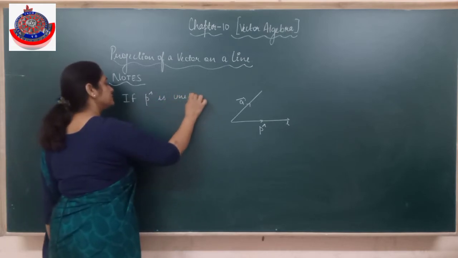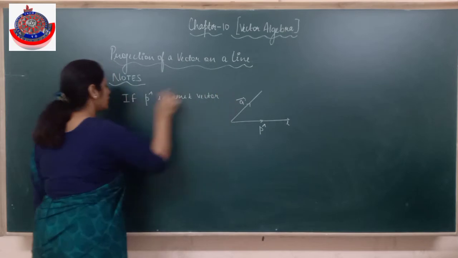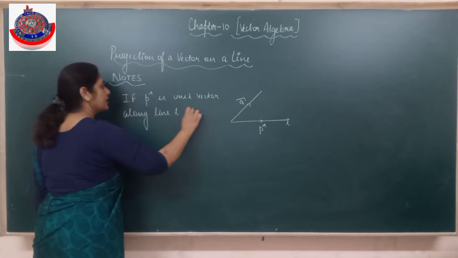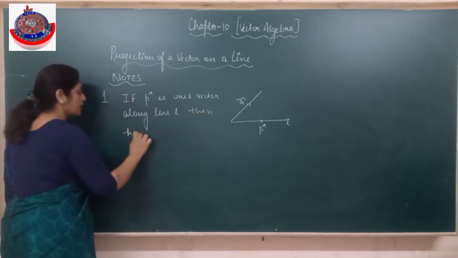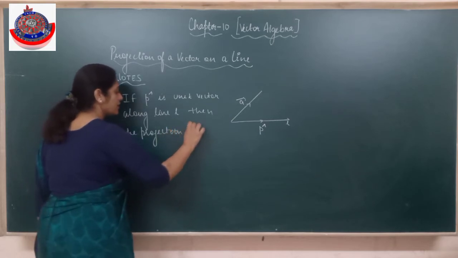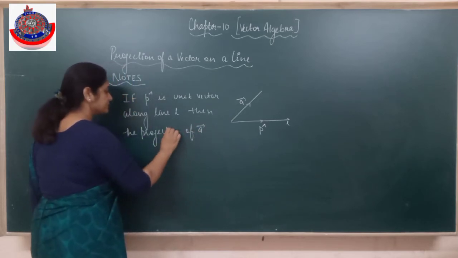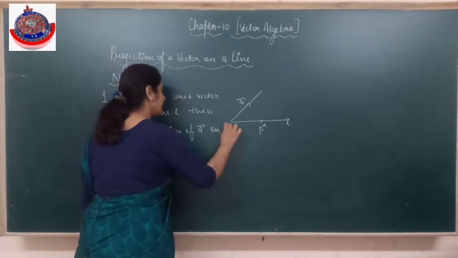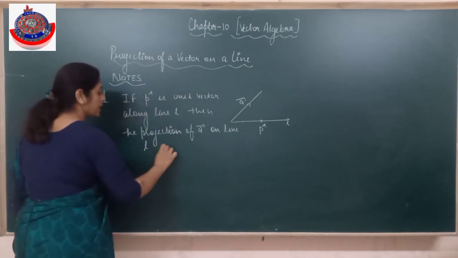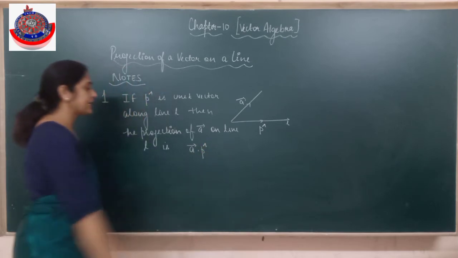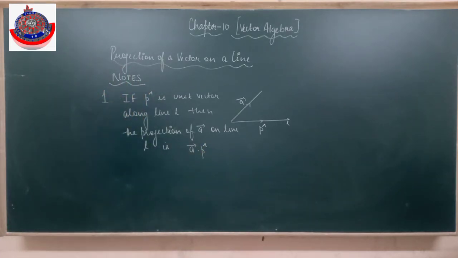Then the projection of vector A on line L is given by A vector dot P cap. See, I'll tell you how.